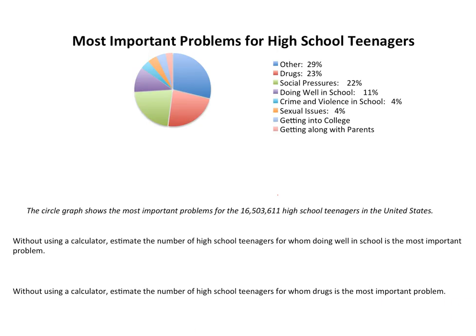Okay, let's look at some charts and graphs. This one in particular is called either a pie chart or a circle graph, and it's representing the most important problems for high school teenagers.